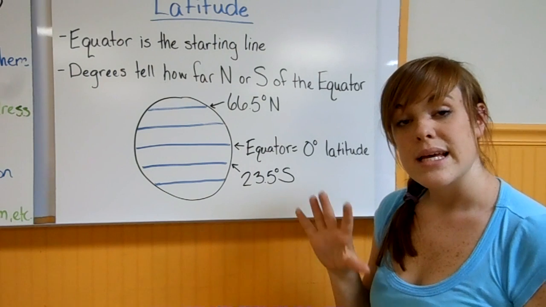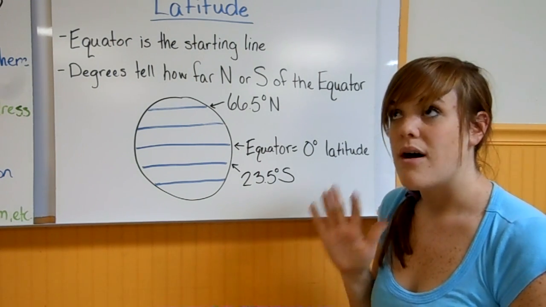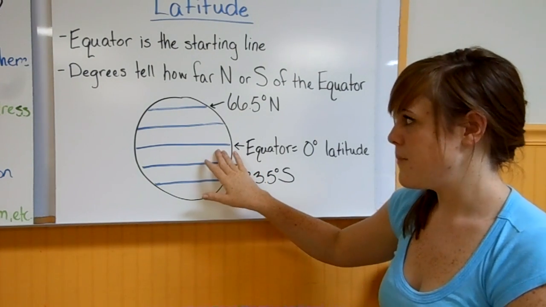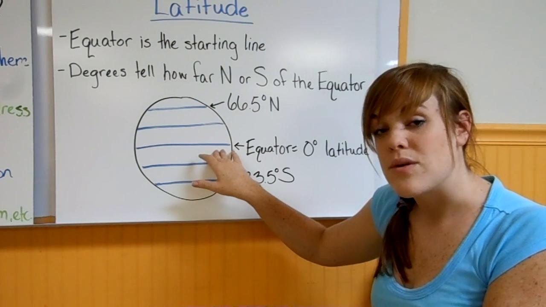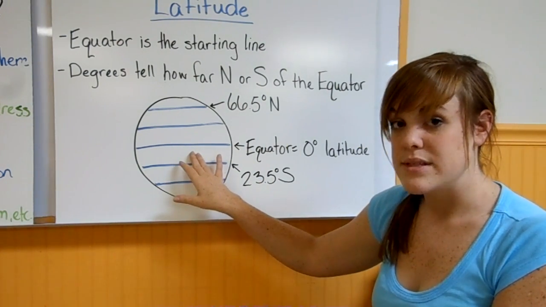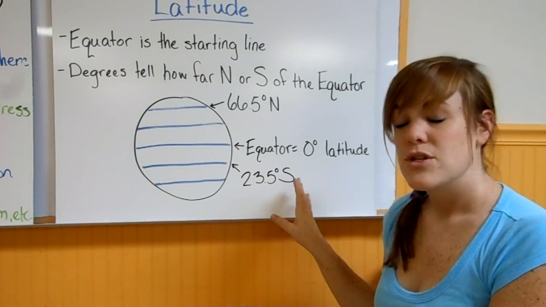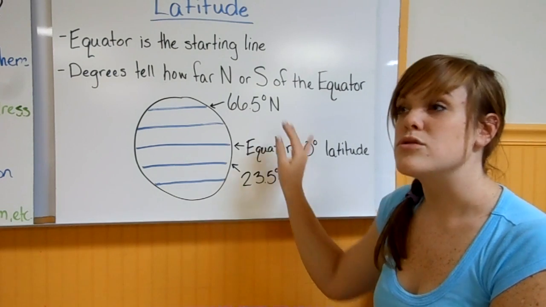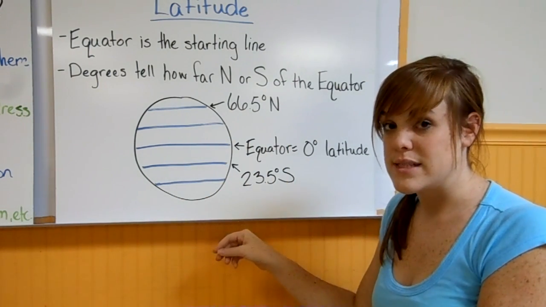Whenever you're using latitude to find a location on a map, you always start at the equator. Okay? If I tell you to find 66.5 degrees north, go straight to the equator and then count 66.5 degrees north. If I ask you to find 23.5 degrees south, you go straight to the equator and then count 23.5 degrees south.